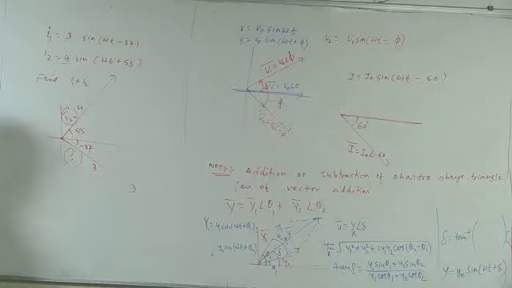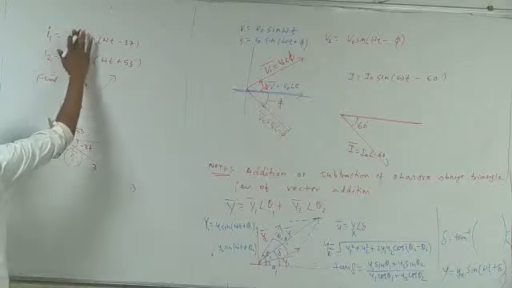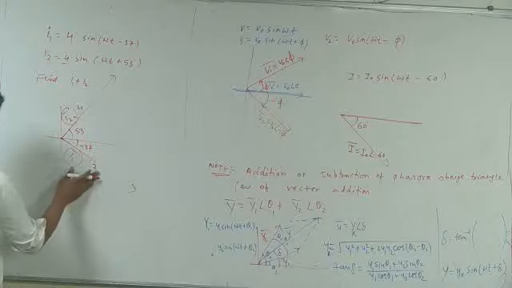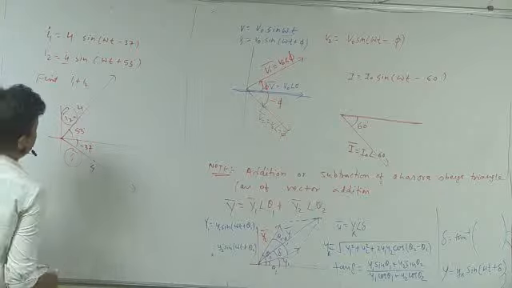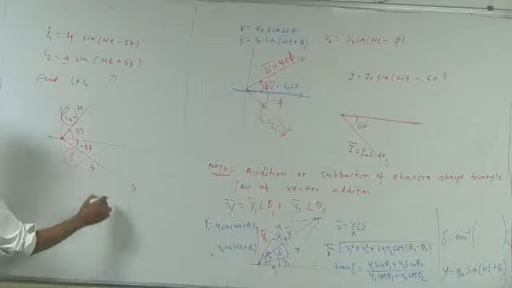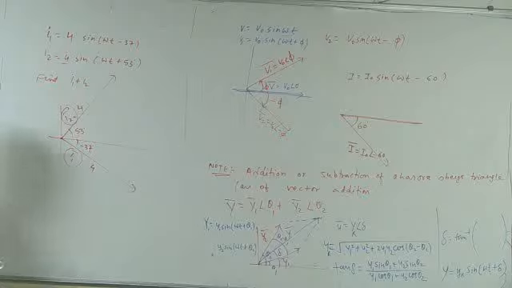Yes or no? And if I just try to make it a little simple, then let's make it 4. It will be easier to understand. So the resultant will be how much when two vectors are at 90 degrees? What will be the resultant? 4 root 2. Yes or no?